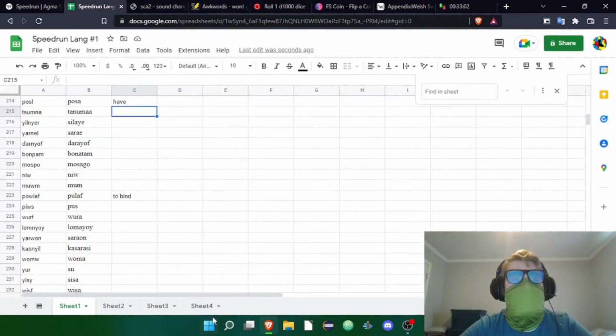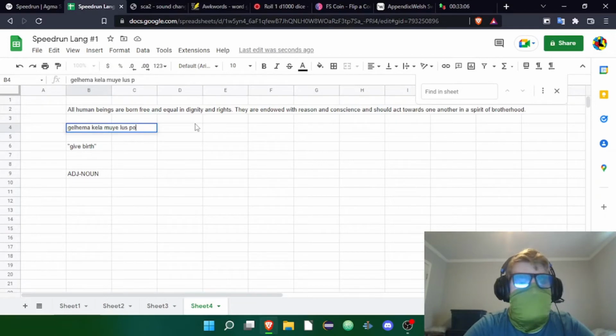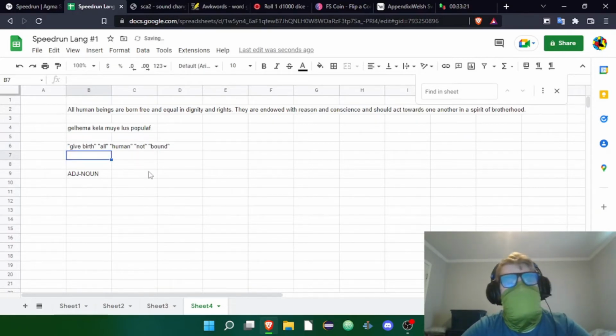So lus populaf. So give birth, all human, not bound. Gelhema kela muye lus populaf. All human beings are born literally unbound, born free, and equal.